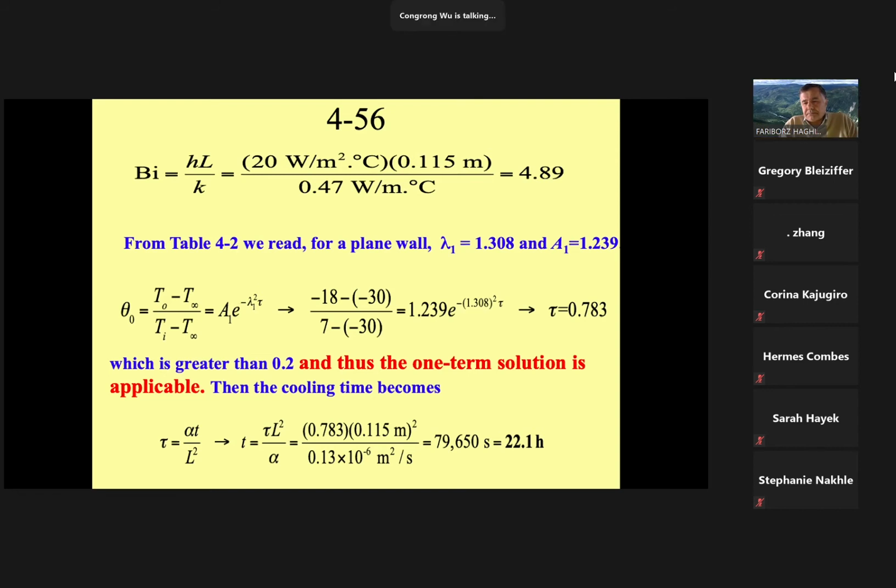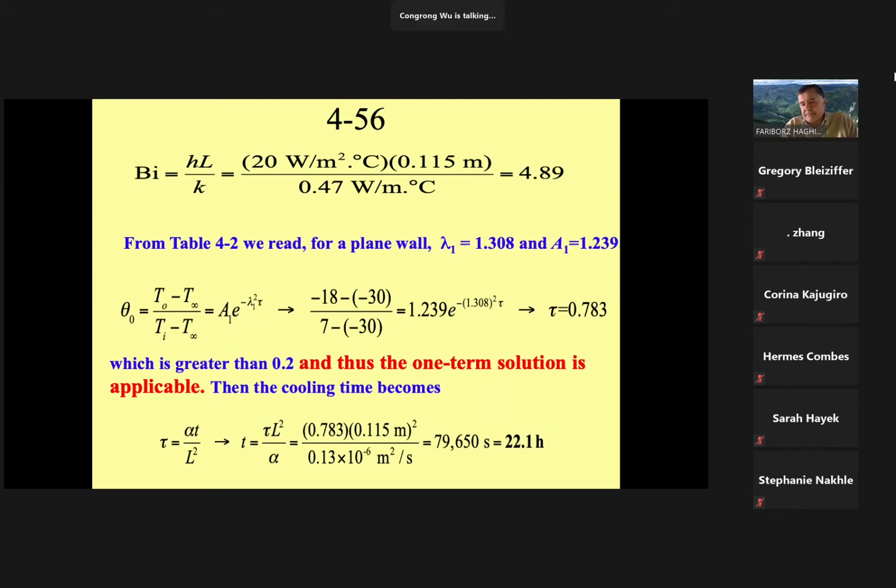Sir, I have a question. What if we get a Fourier number smaller than 0.2? If you look at the figure in your textbook, it covers a wide range of Fourier numbers. Therefore, the second easiest solution is to go and use the figure.